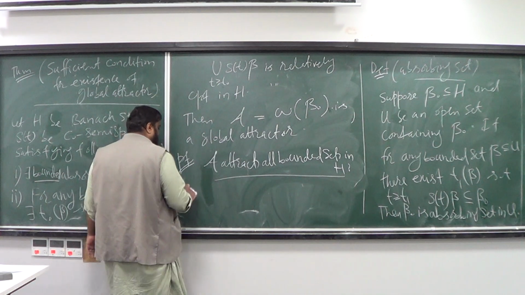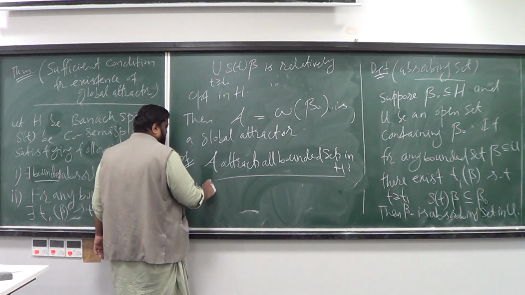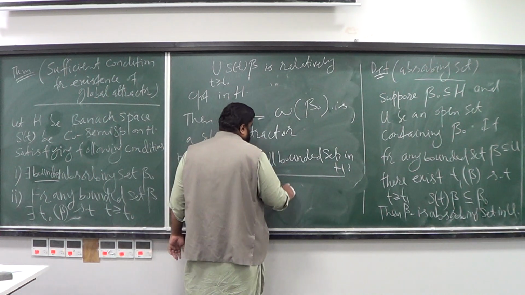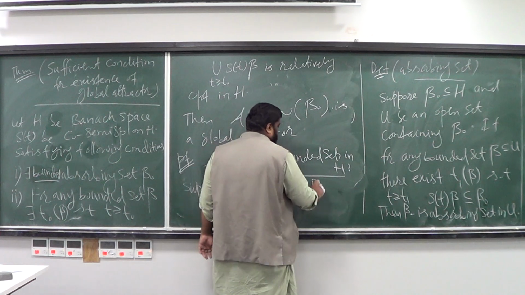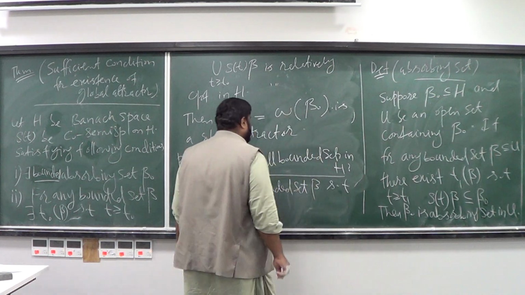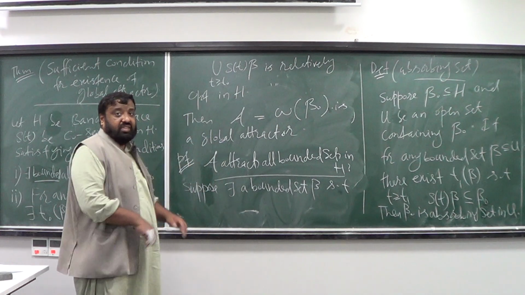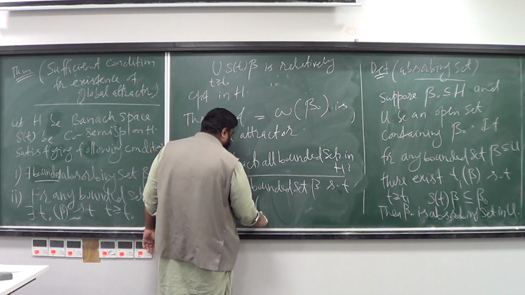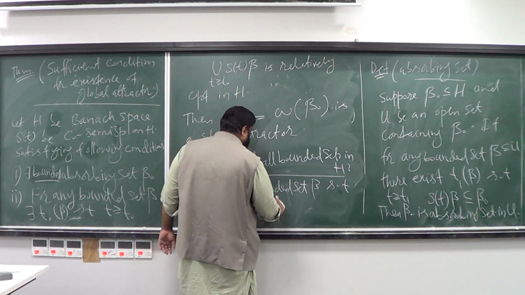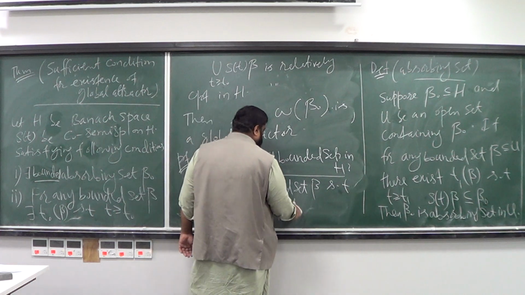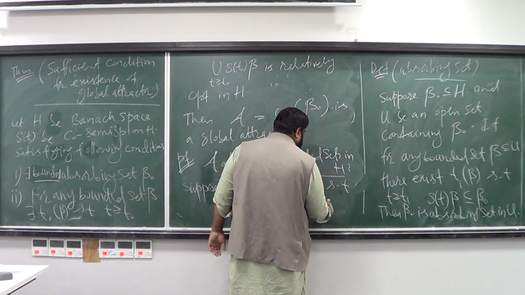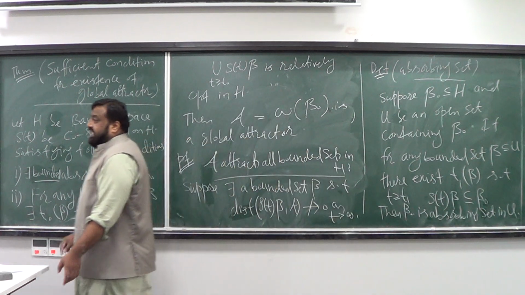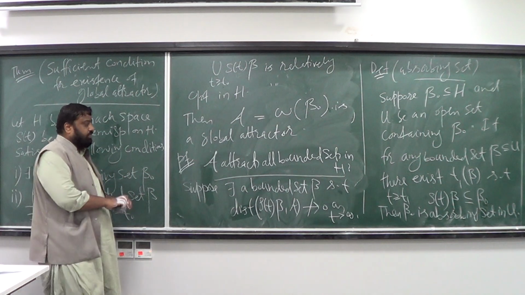Suppose, to the contrary, that there exists a bounded set B such that it is not attracted by A. That is, the distance between the trajectories starting from B and A does not go to 0 as T goes to infinity. Okay, so it is not uniformly attracted by set A actually.